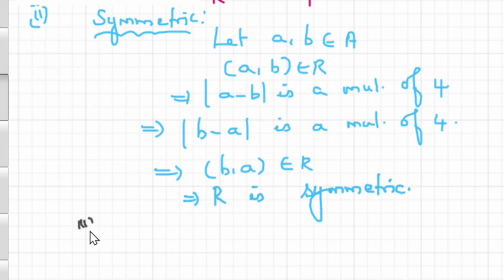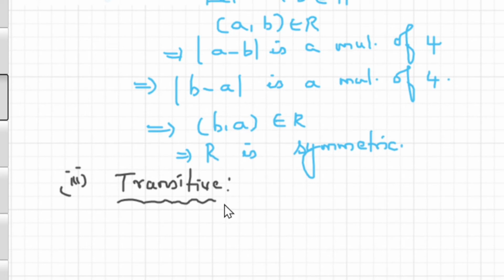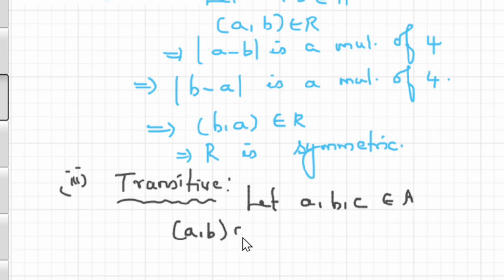Next, we'll have the transitive, the third condition. In this, we have to consider three elements. Let us take A, B, C belongs to A, and (A, B) belongs to R, and (B, C) belongs to R. That means the modulus differences are both multiples of 4.